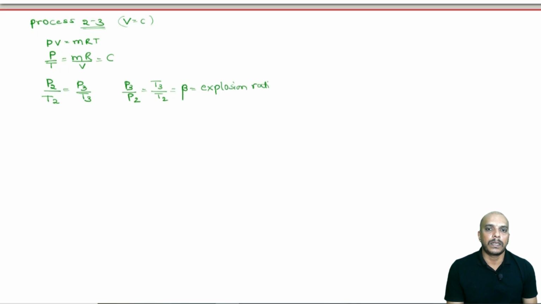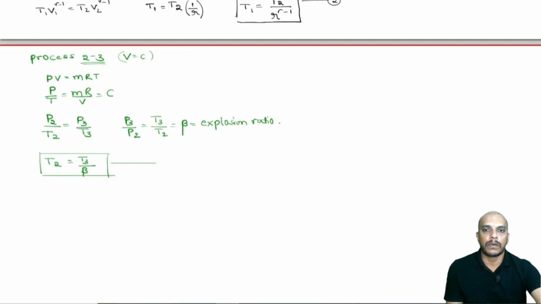So, we can write T2 in terms of the explosion ratio. That means T2 can be written as T3 by beta. So, now we have written T2 in terms of T3. Let us call this equation 3.